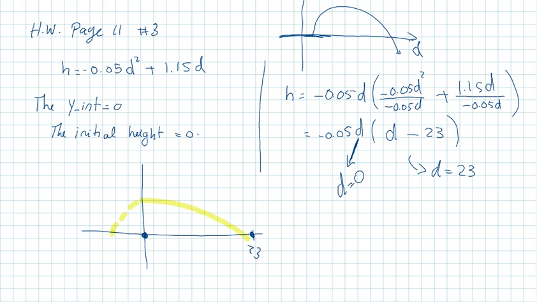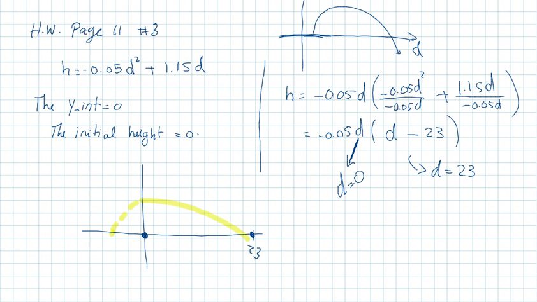Do I count the distance before Danny's takeoff? No, because Danny took off from here, not from a negative distance. Does it make sense? When do you use that negative value and when you don't? Because it's asking from his takeoff. His takeoff is at time 0.